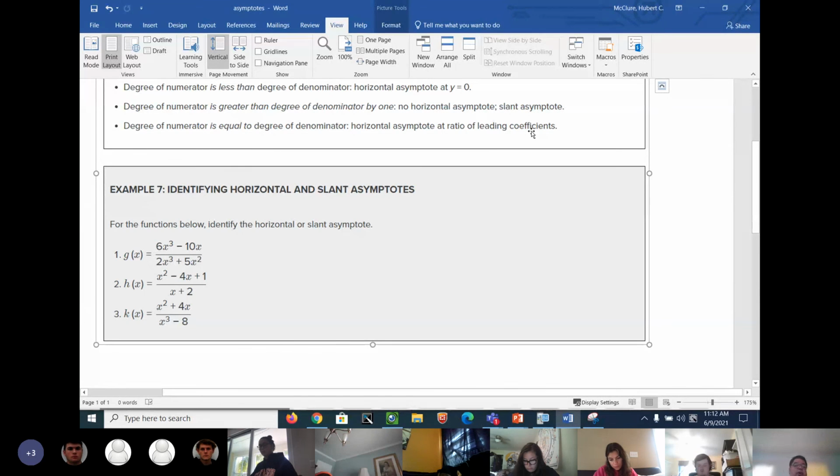So here we go. g of x is equal to 6x cubed minus 10x over 2x cubed plus 5x squared.